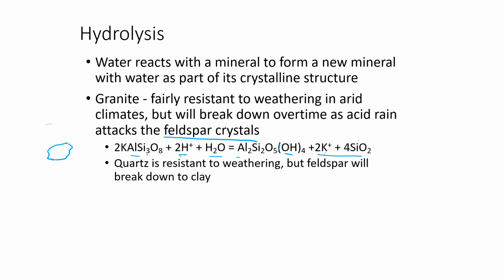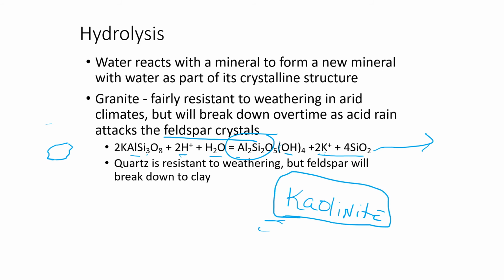These two will get into groundwater and go somewhere else. This is a clay. This right here is kaolinite. I think I've talked about kaolinite before. Kaolinite is a really pure white clay that is used in pottery.